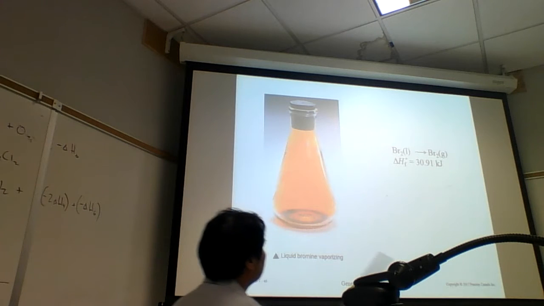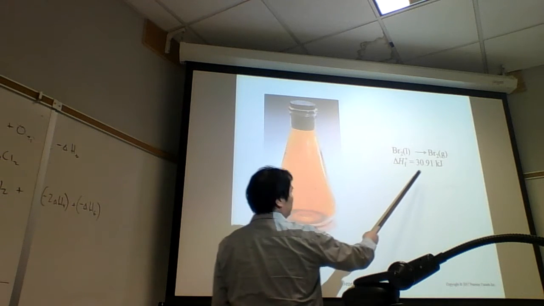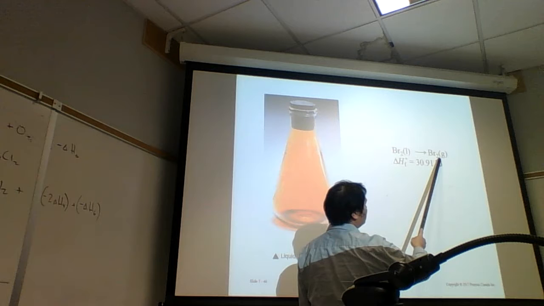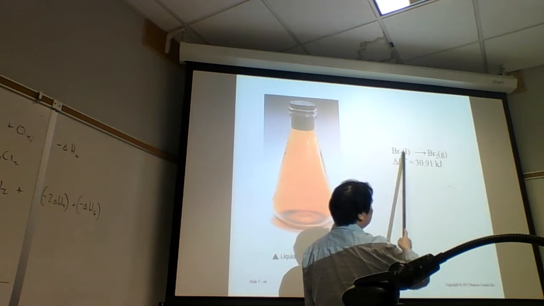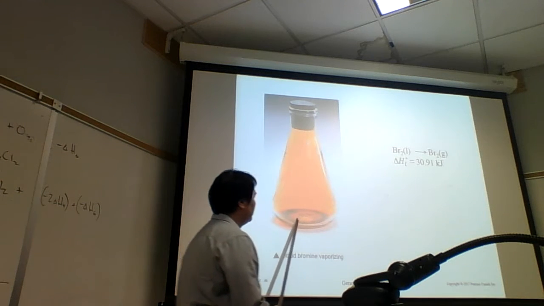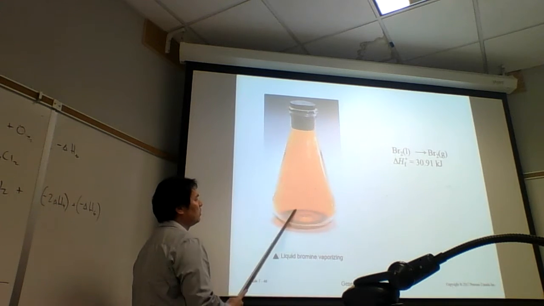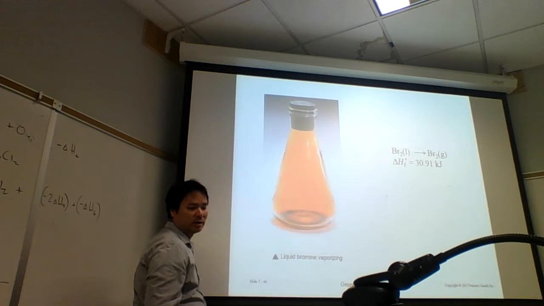In other words, this would be the standard enthalpy of formation of bromine gas. This just looks like evaporation or vaporization or boiling, liquid to gas. So we have to vaporize the bromine liquid. It's going to cost us 31 kilojoules per mole.